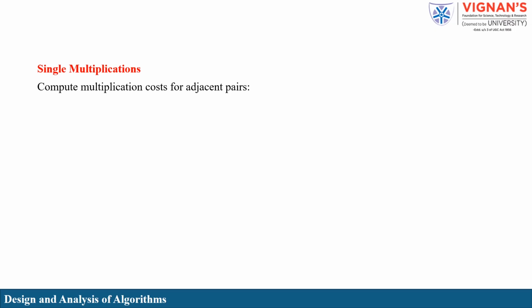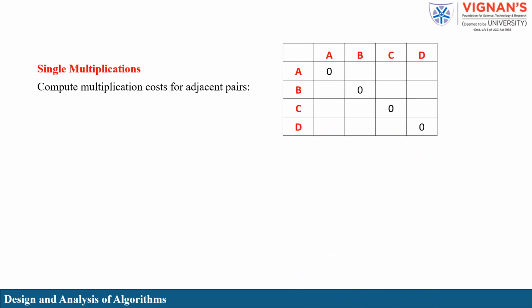Now, using these costs, we begin building the dynamic programming table M of I, J. In this table, each cell stores the minimum multiplication cost required to multiply matrices from I to J. The diagonal values are 0 because multiplying a single matrix does not require any computation. Using the previously calculated single multiplication costs, we gradually fill the table for larger matrix chains.